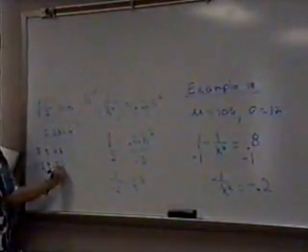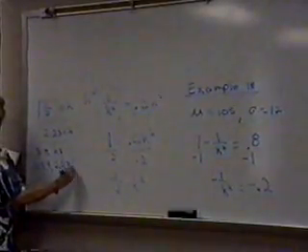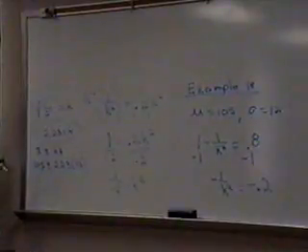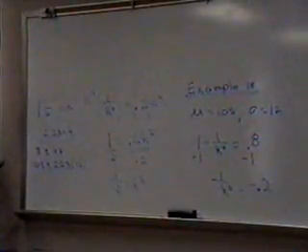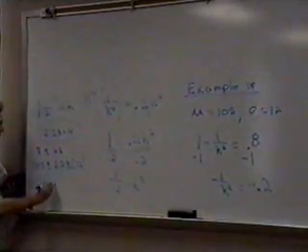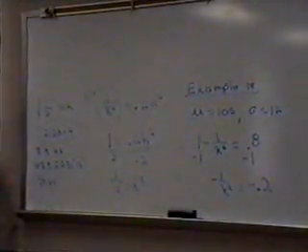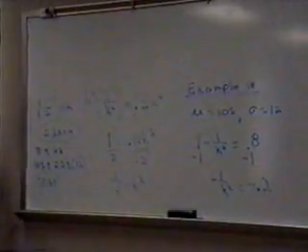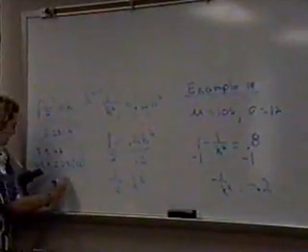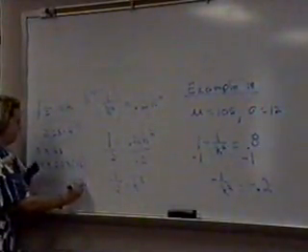The k is 2.23. Standard deviation is 12. So I can take 105, subtract 2.23 times 12, and get 78.24. But then I also have to take 105 and add 2.23 times 12 and get 131.76.